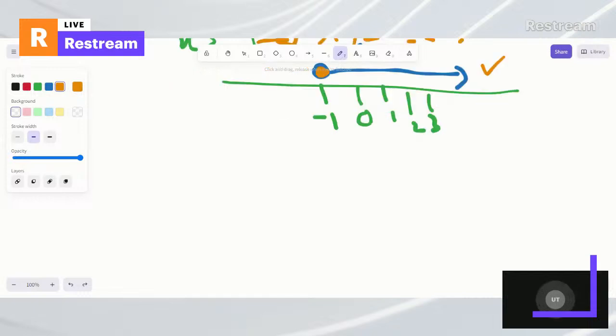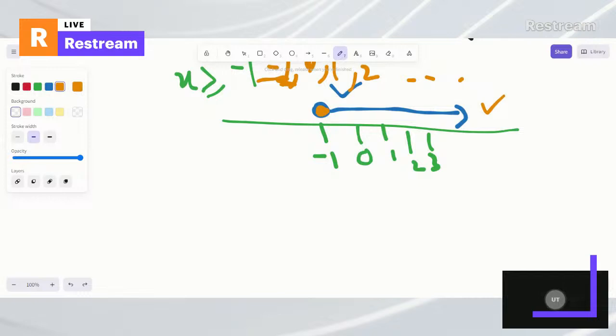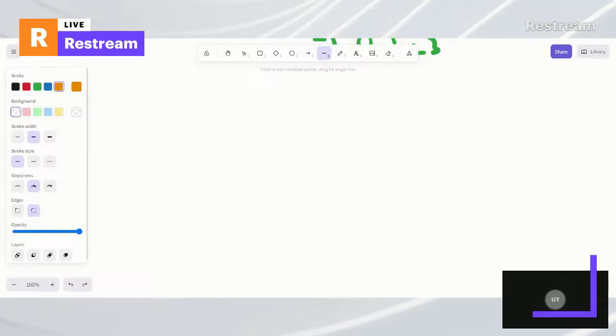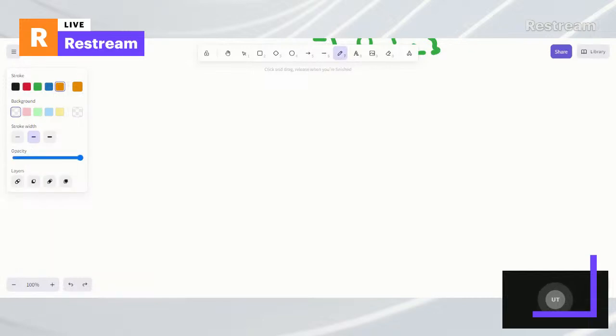I hope you are clear on this. Moving on, one of the things in inequalities that matters a lot is how to solve them.